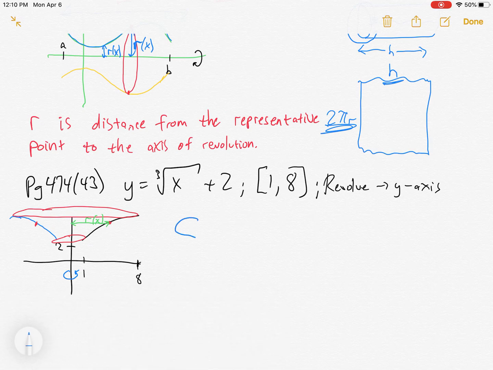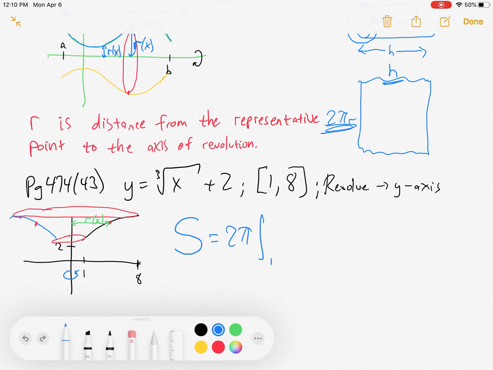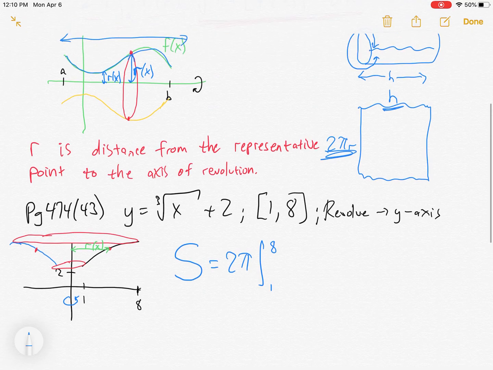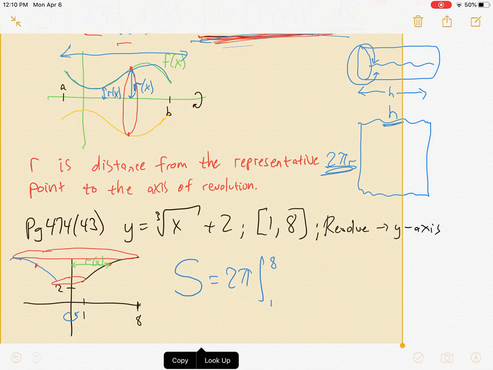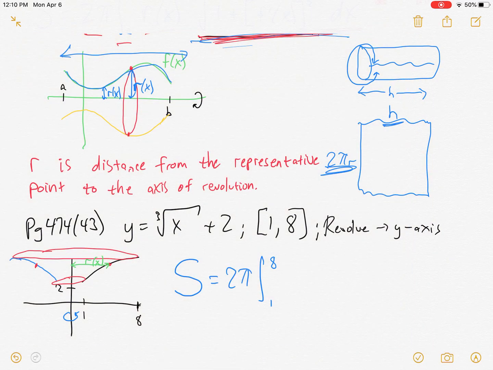So our surface area, I'm going to use, as you saw before, capital S, and try to make it not look like an integral, so kind of make it wide. 2 pi times the integral from 1 to 8, then it's r, and the radius is just the x value, right?